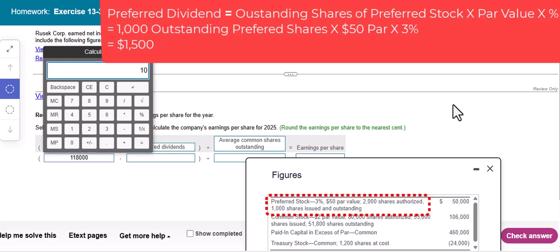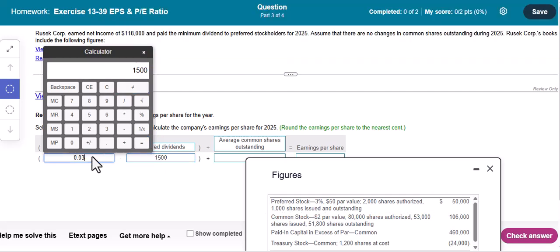We'll take that 1,000 shares times 50, and then multiply that number by 3% in order to get 1,500. So we'll get that number in here and then fix this one for that 118,000 net income.